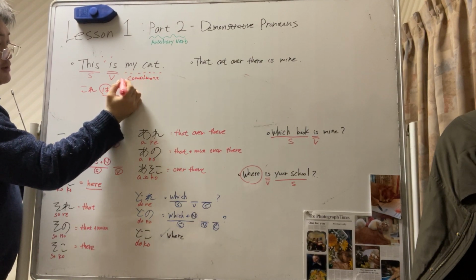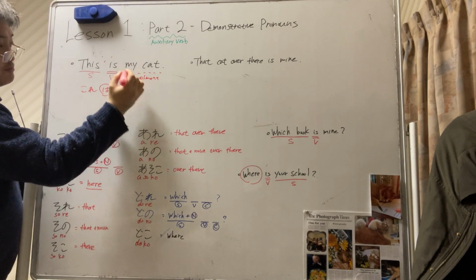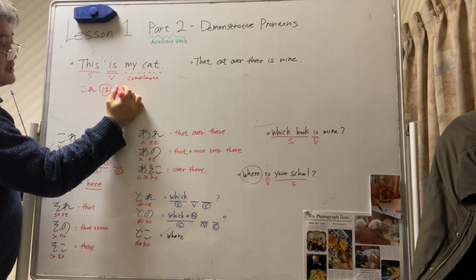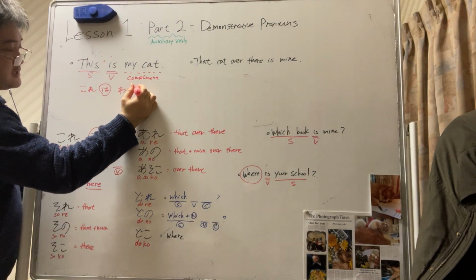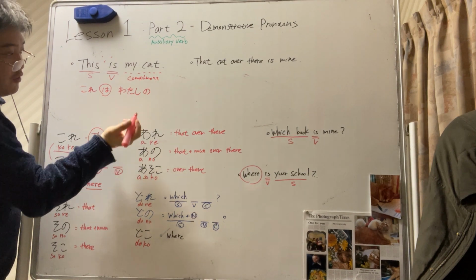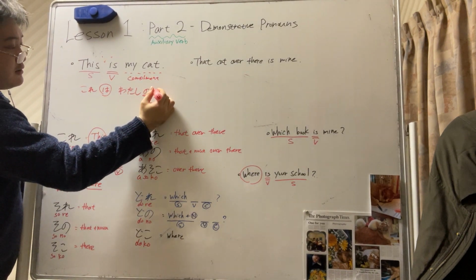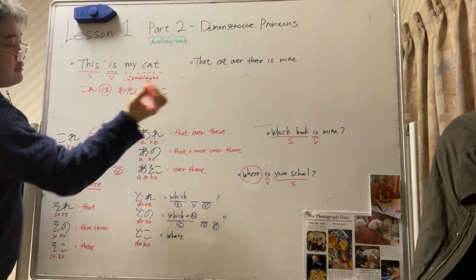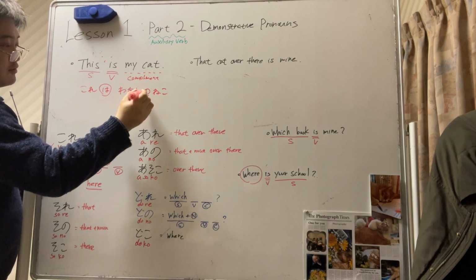And now what you need to say is my cat, and my is where I-ness, watashi plus no, showing possessive, and neko. And これは私の猫.